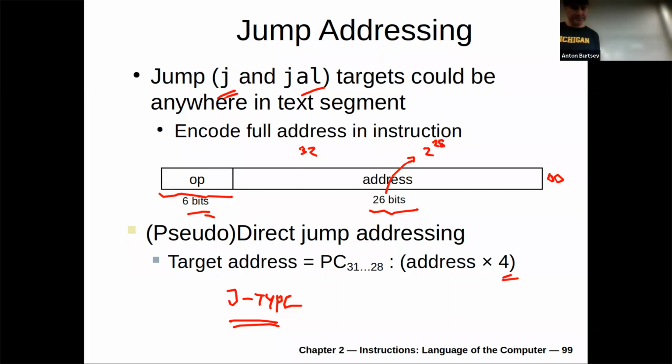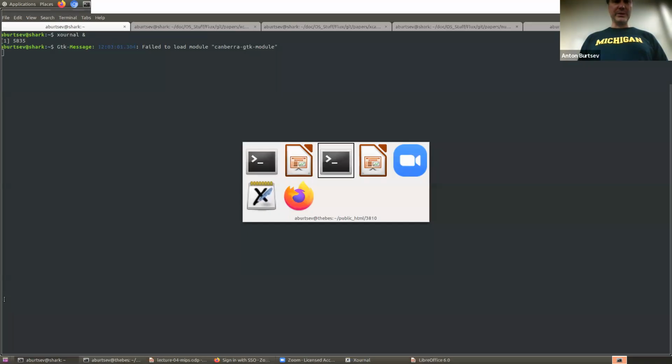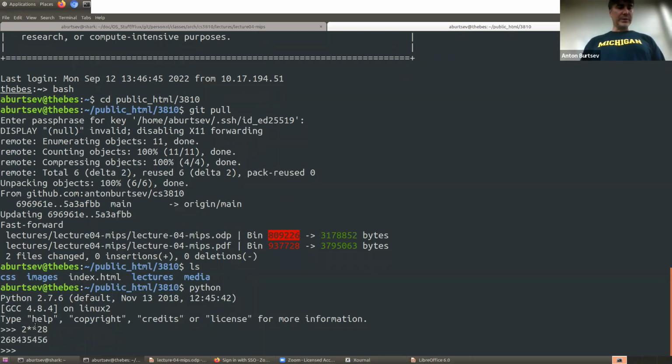And that will allow you to jump pretty far away. Let's go to Python real quick to verify the power here. 2 to the power 28 is 256 megabytes.